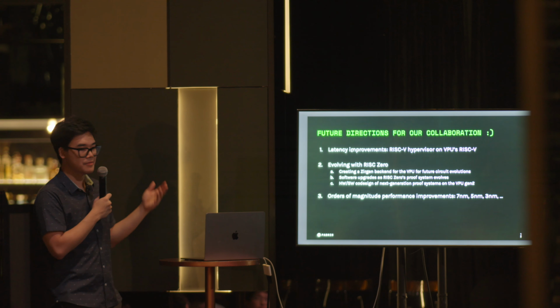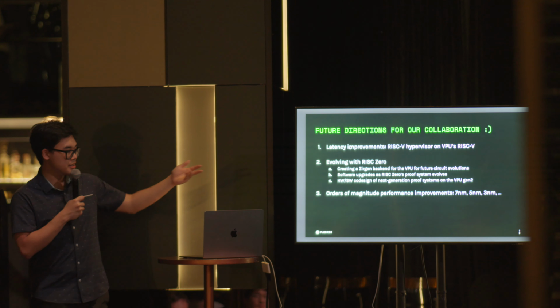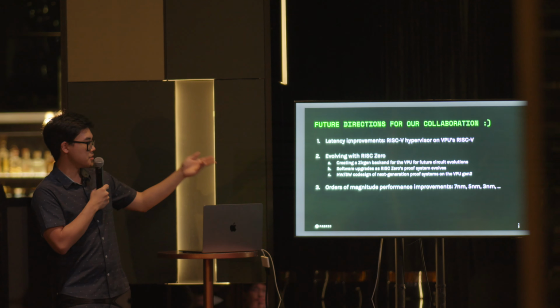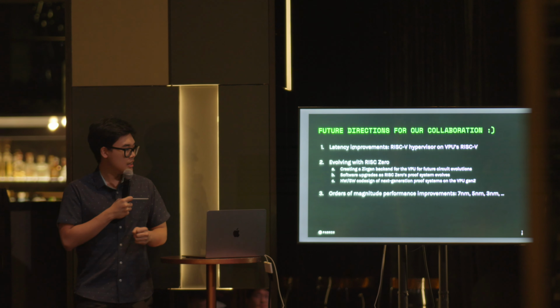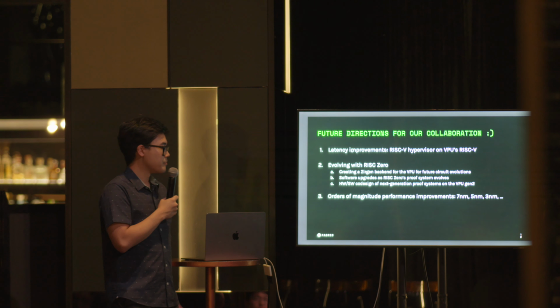We plan to evolve with RISC Zero. So as new circuit changes come out, the ZerGen backend is going to have a backend for the VPU. We're going to be able to generate code automatically for future circuit evolutions. We're going to have software upgrades as the proof system evolves. Whether you're thinking about Binius down the road, GKR, or any other proof system, multilinear versus others, we can adapt to all of those different proof systems.